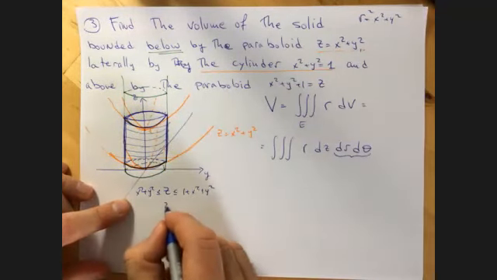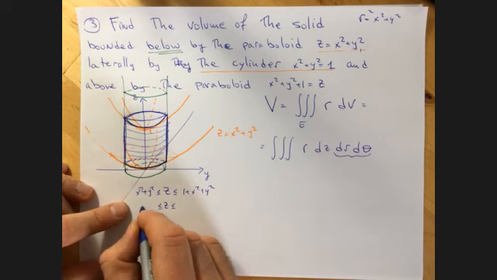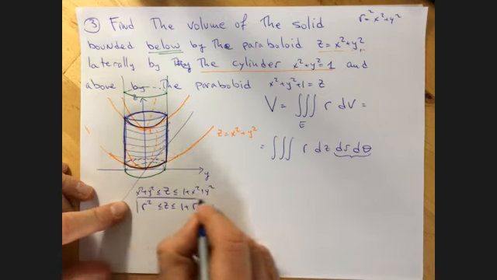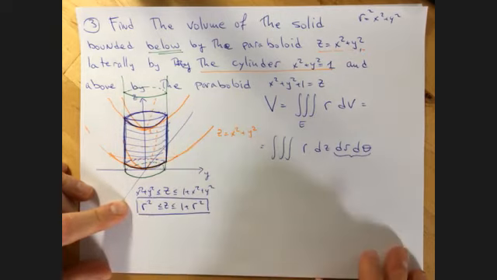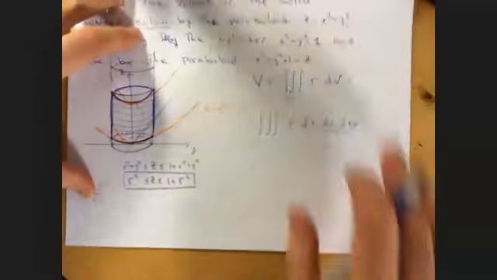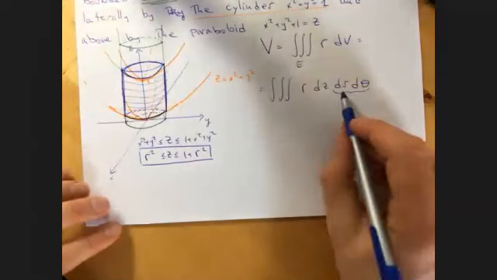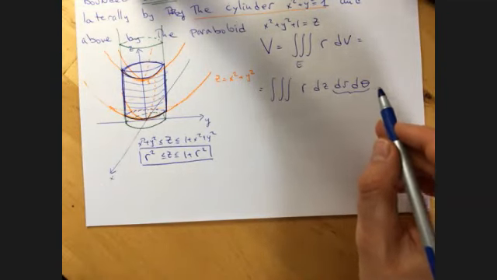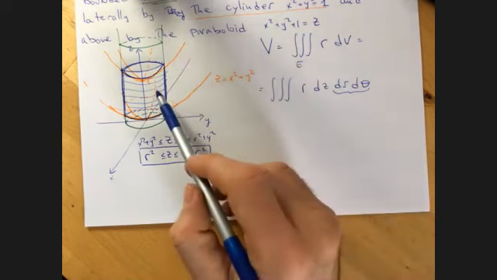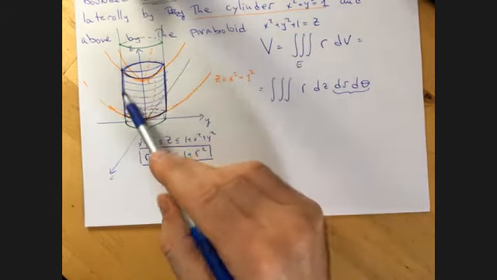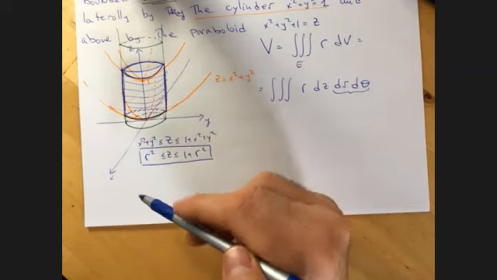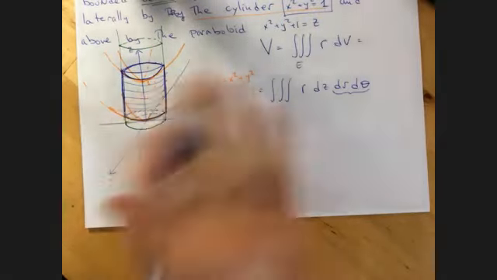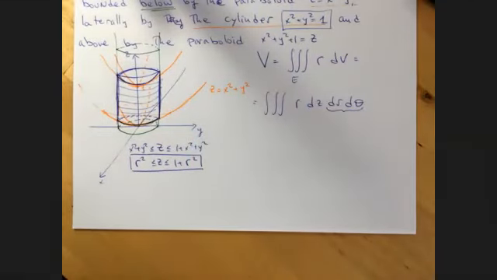So that means that in cylindrical coordinates, z is above r squared, below by 1 plus r squared.